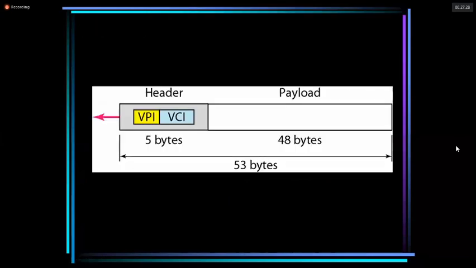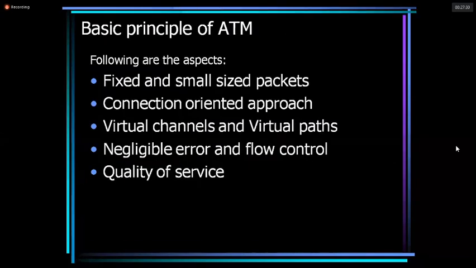Let me go into the very important factors. These are some of the basic principles of ATM: fixed and small sized packets. Why small sized packets? In some way we can avoid congestion and contention in a network. So we go with fixed as well as small size packets, connection oriented, as well as packet switching, which uses virtual channels and virtual paths.